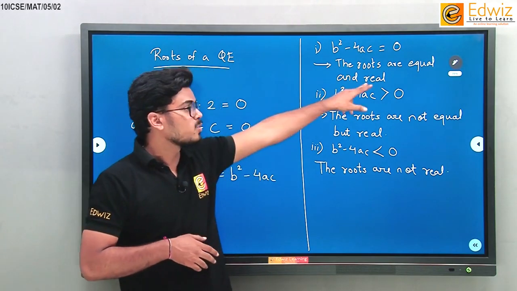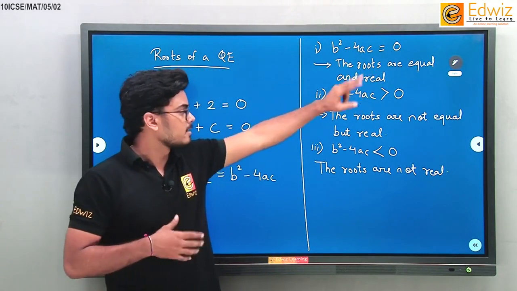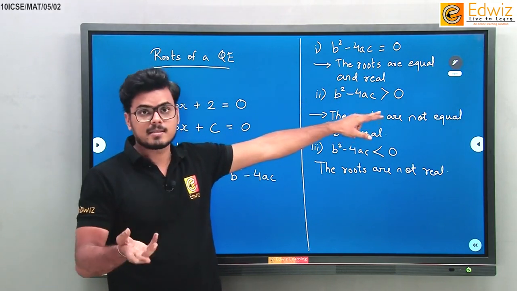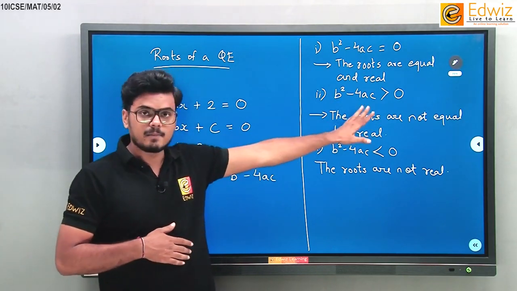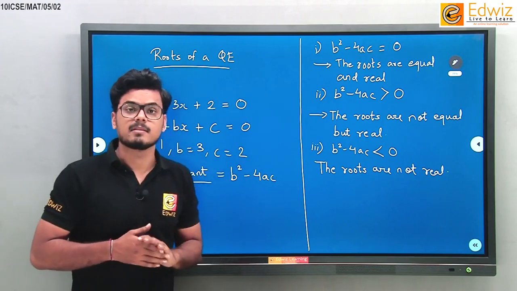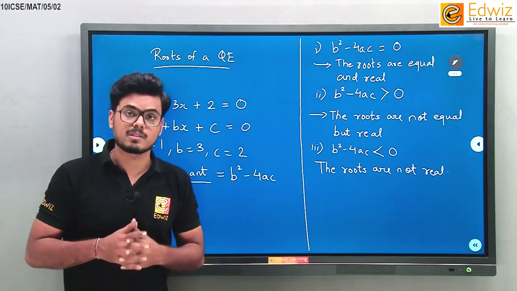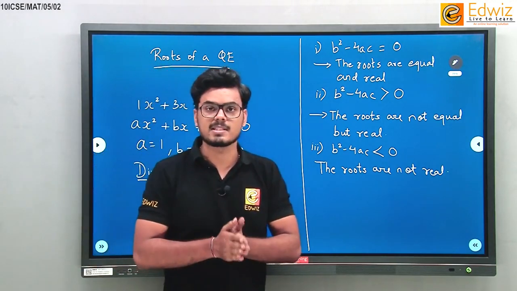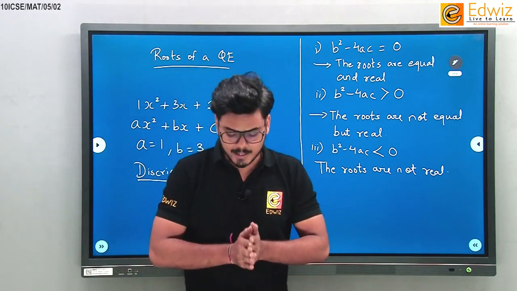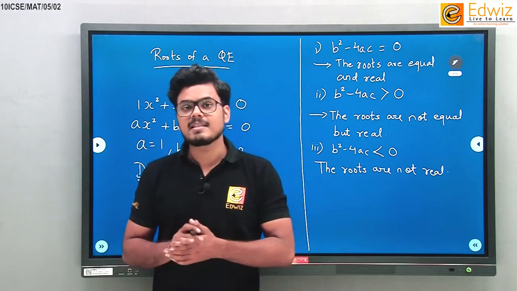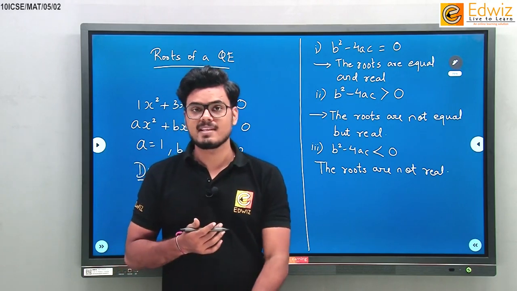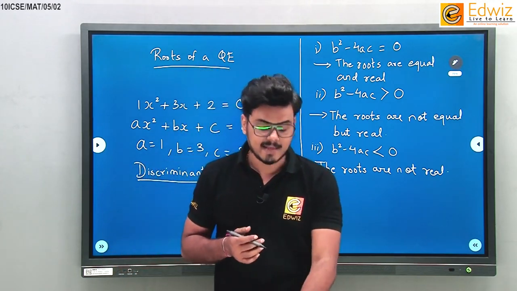That's why here the roots are equal, there is no discrimination. Here the roots are not equal, so there is a discrimination, but they are real. Okay, here they are real, but in the third scenario, b square minus 4ac less than 0, the roots are imaginary, not real. Correct?